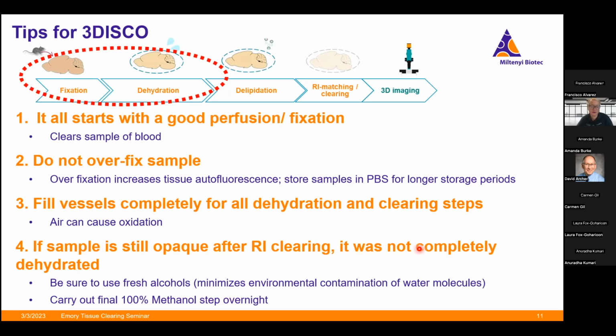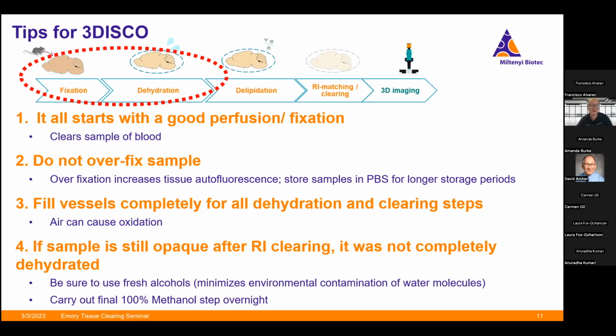Okay. So for the 3-DISCO method, which is really the back end of iDISCO, I already have some tips. So first of all, it starts with a good perfusion fixation. If you can perfuse your tissues, the results are much better because it clears out all that blood.